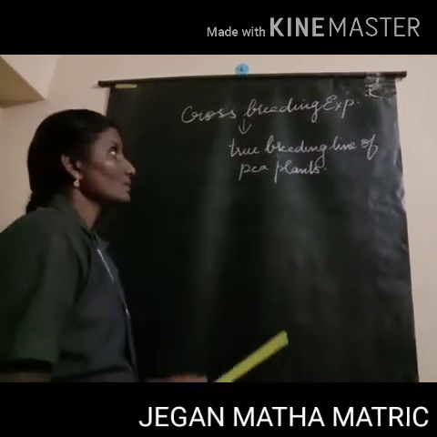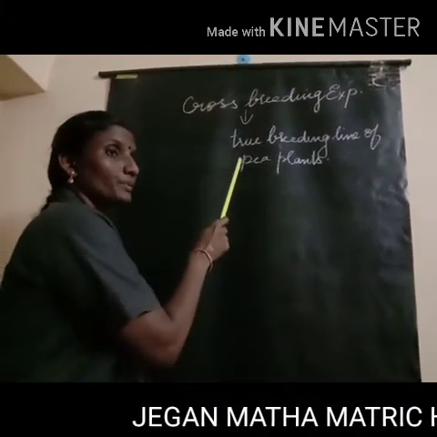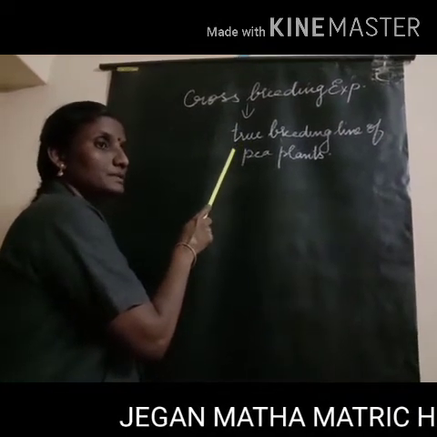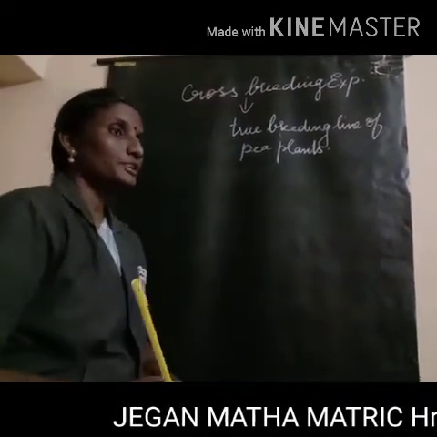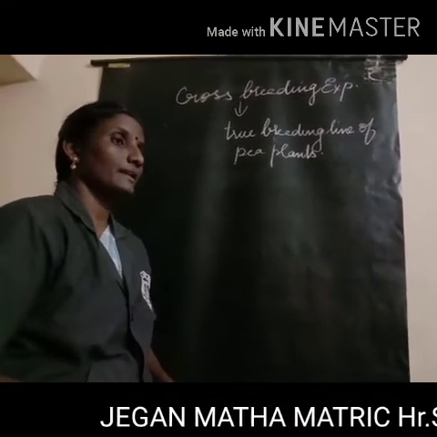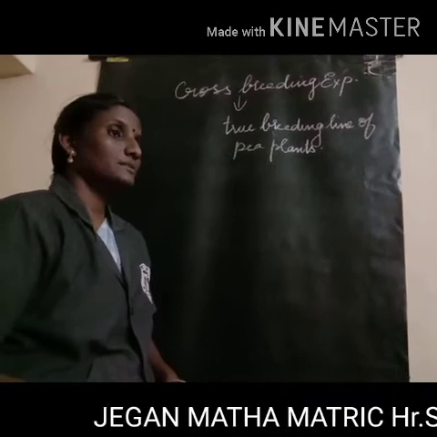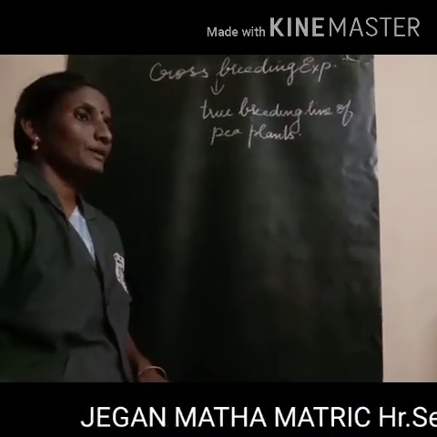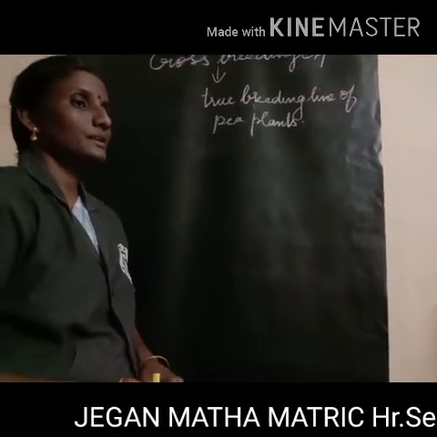He performed cross-pollination experiments with several true breeding lines of pea plant. True breeding means it undergoes continuous self-pollination, having stable trait inheritance from the parents to the offspring. So what is the meaning of stable trait?